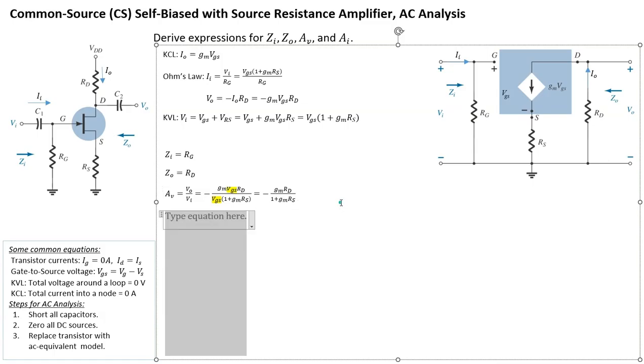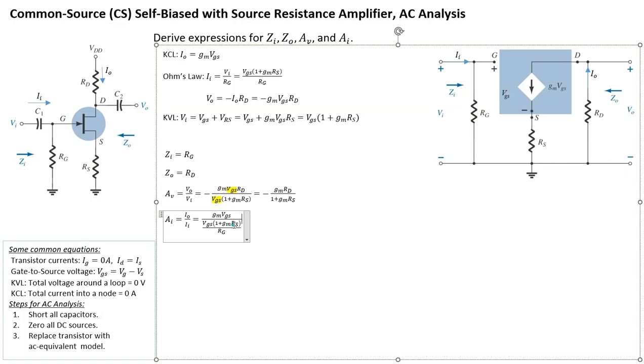Finally, let's work out the current gain, which is defined as output current divided by input current. IO, we already have an answer, is GM VGS, divided by II, which we also have an expression for, this slightly long expression.